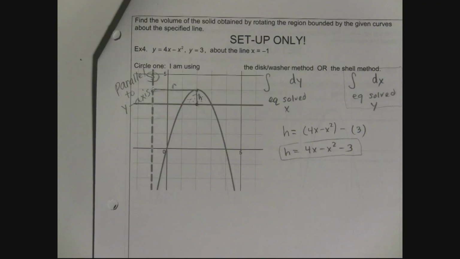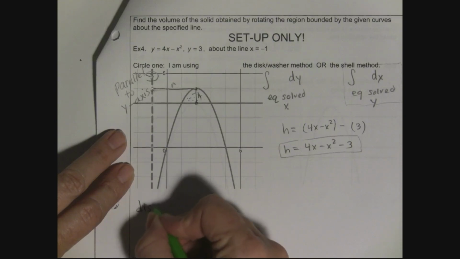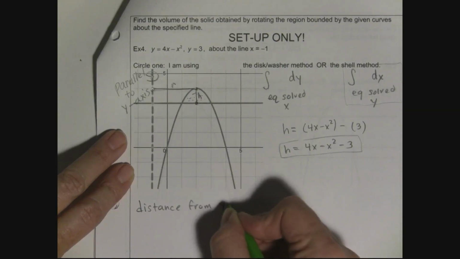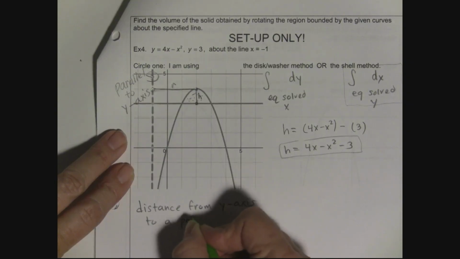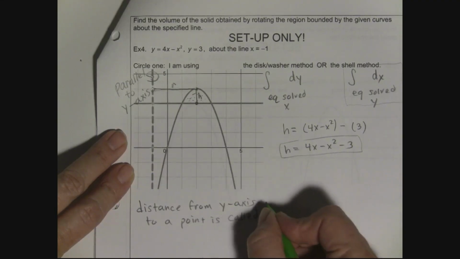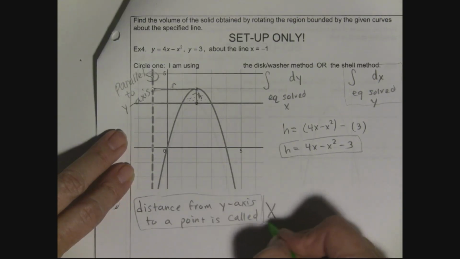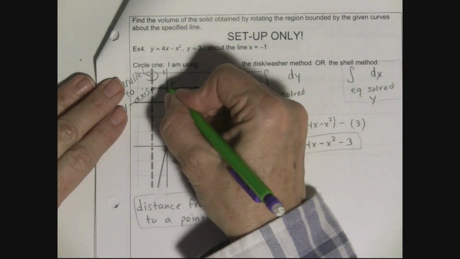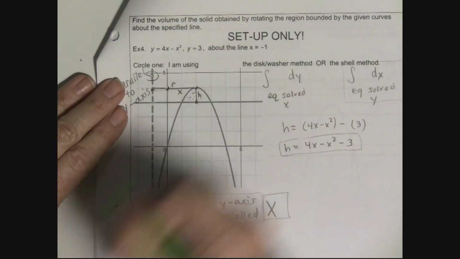Now, I want you to remember that the distance from the y-axis to a point is called x. Right here is the y-axis, and this distance to h, that point at h, is called x.